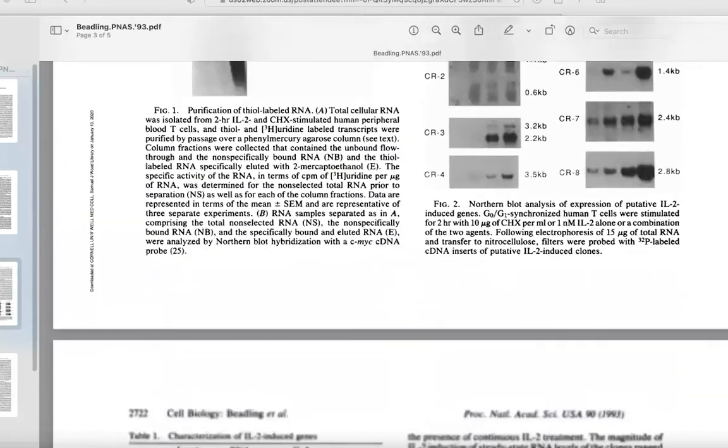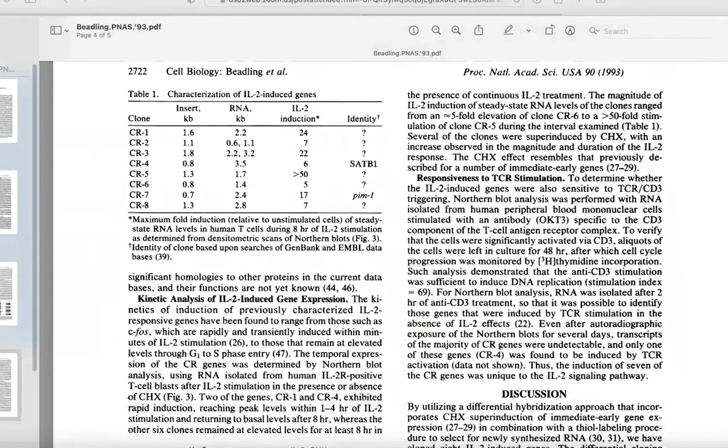And if we go on, we took those cDNAs from the colonies that we had identified and sequenced them to see whether or not any of them were already in the databases. And we found 2 out of these 8 genes.